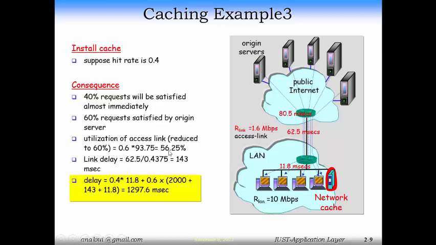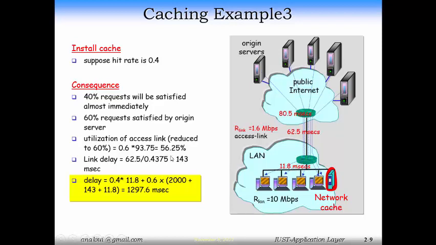And now I can say that the utilization of the link would decrease to 56.25%. Why? Because I remove 40% of those requests and responses.